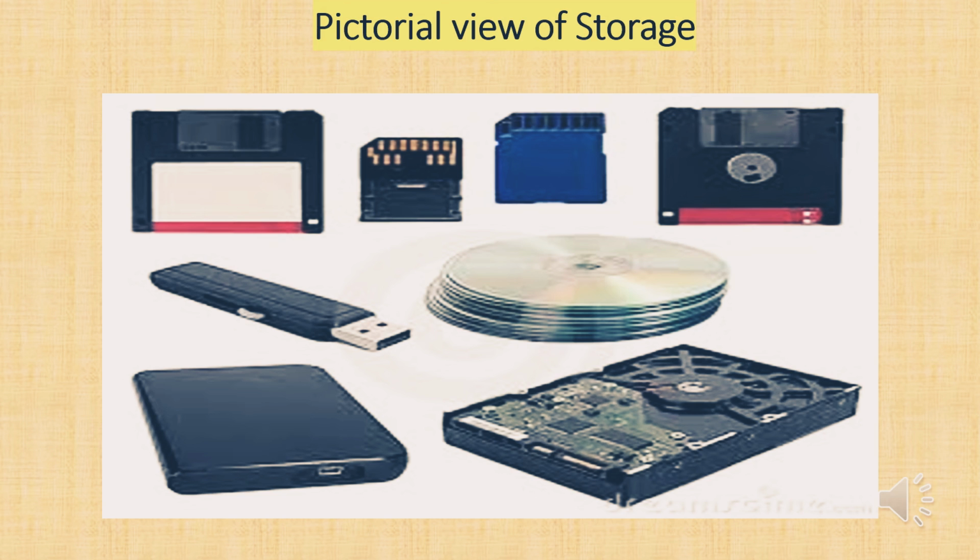They are all available with different capacities, and the technique of retrieval of data is also different in different devices. As we know, floppies are available with 8 inch, 5.25 inch and 3.5 inch diameters. Similarly, pen drives are available with different capacities. Nowadays, up to 1 TB pen drives are also available.